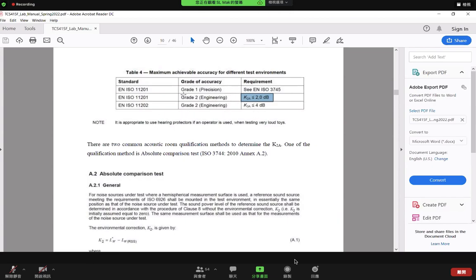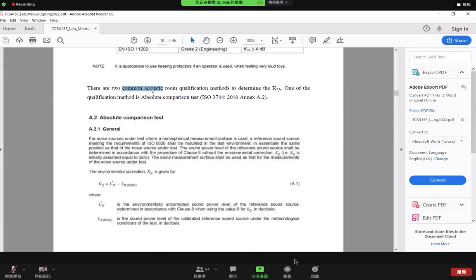It also means it is a grade 2 acoustic chamber. For grade 1, we apply the 3745 standard to check. But actually, all Hong Kong acoustic chambers are grade 2. That is why in this experiment, we will teach you how to apply the method to calculate.